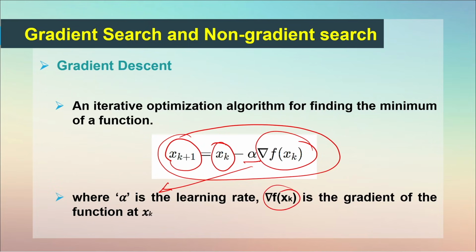So, when you want to solve an iterative optimization problem for finding the minimum of a function, alpha is the learning rate, and del f is the gradient function at xk.